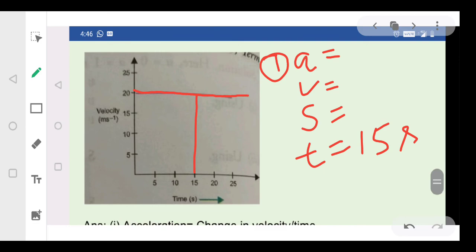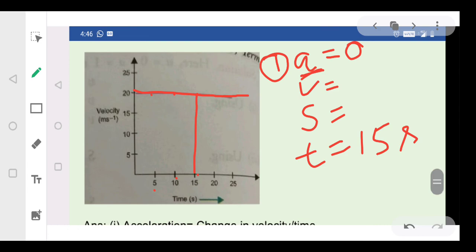The velocity is not changing with time. When time was 5 seconds, velocity was 20; at 10 seconds, velocity was 20; at 15 seconds, again the velocity is 20, so velocity is not changing. Acceleration is the rate of change of velocity. If it is not changing, then acceleration is going to be 0.